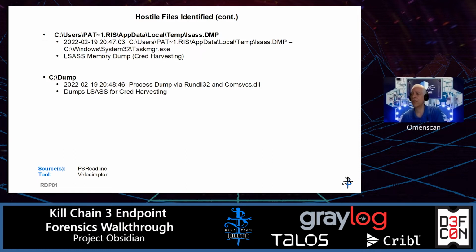Evidence indicates that the first one was using the Task Manager LSASS memory dump, and the second using a technique to use rundll32 and execute comsvcs.dll to dump LSASS.